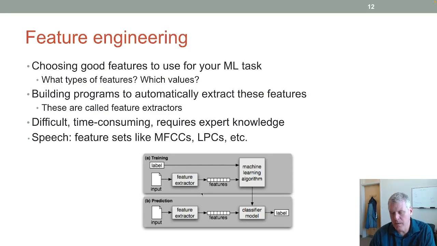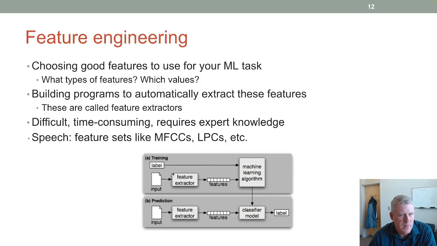It's difficult and time-consuming and requires expert knowledge about the task at hand and what features might be useful. And with speech, it's often just MFCCs that we saw for each little slice of sound, overlapping slices of sound being the most common, or the LPCs as well.